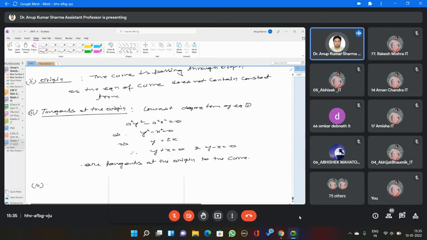Now the last one, the double point or multiple point, meaning ordinary point or singular point.